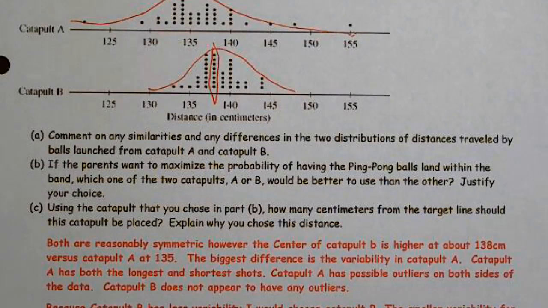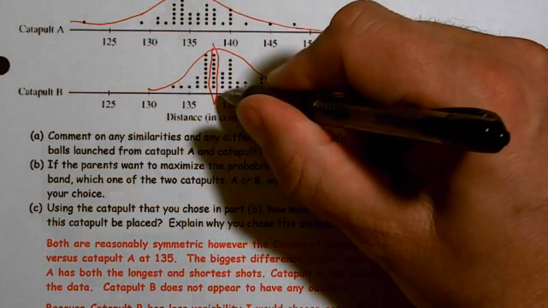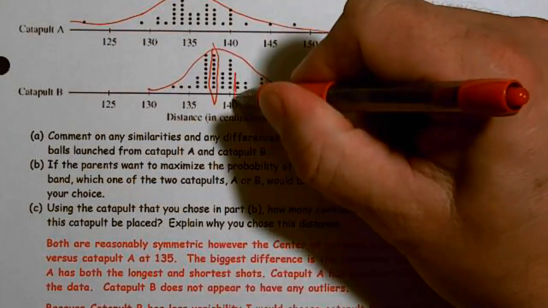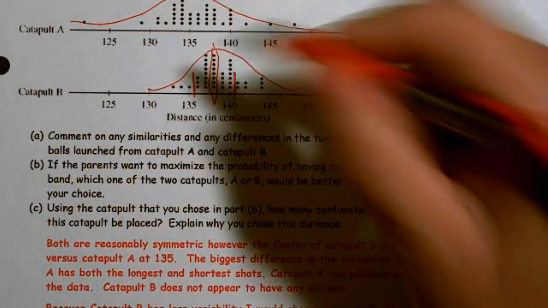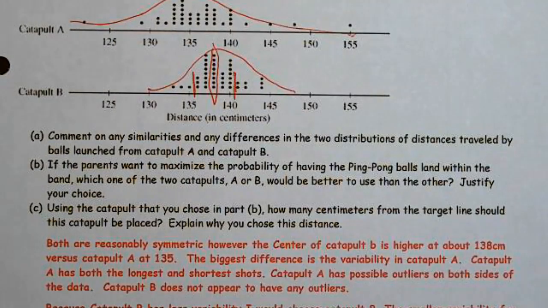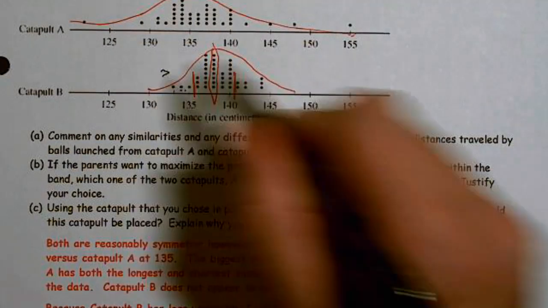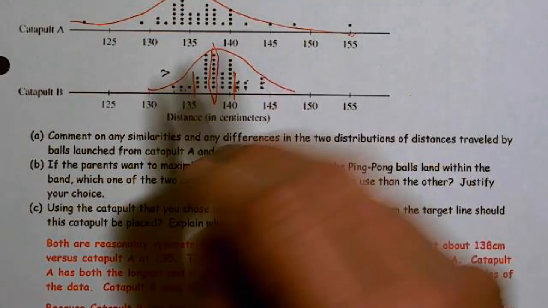But let's see if we can put some quantification to it. So we have a 5-centimeter band. So that means if I were at 138, I would still land in the band for all of these, for 140, and all of these. So it turns out that 1, 2, 3 on the low side, and 1, 2, 3, 4, 5, 6, 7 on the high side.